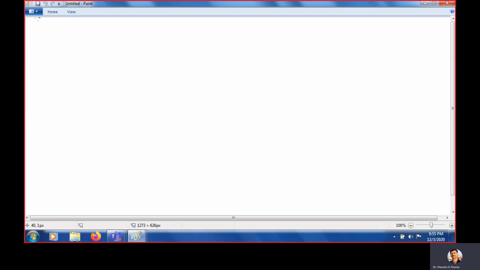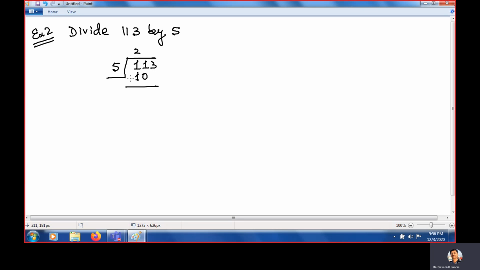Example number 2 is, let us say, divide 113 by 5. So if you want to divide 113 by 5, it will be 5 times 2, it is 10. 11 minus 10 is 1.